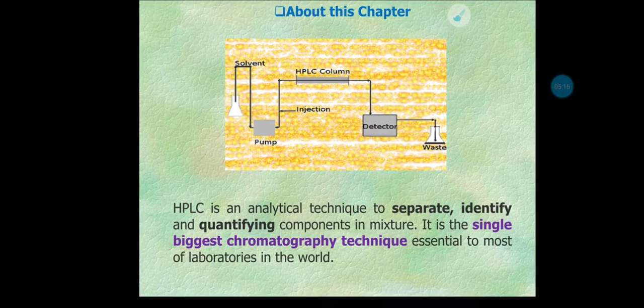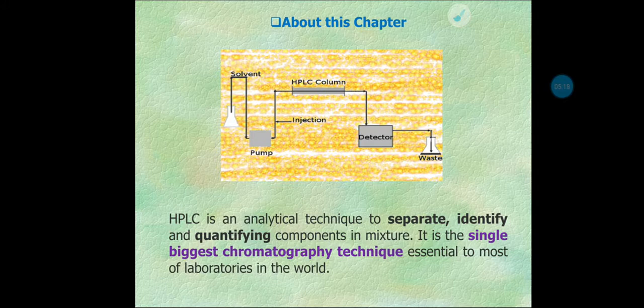So this is a very important analytical technique in separation. With this technique we can identify and quantify, that is qualitative as well as quantitative analysis can be done by this technique.